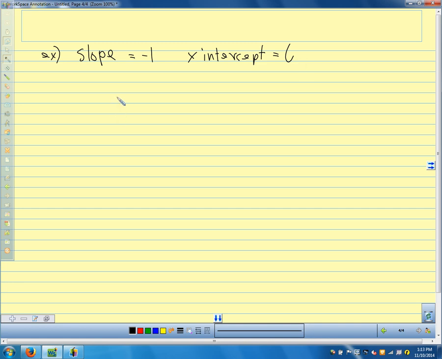How am I going to write the equation? y equals, what's the slope? -1 times x plus 6. And I'm done. If they want the equation of the line, they gave us a slope and they gave us an intercept. So we can just plug those into our slope-intercept form.